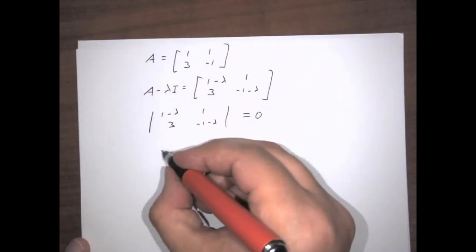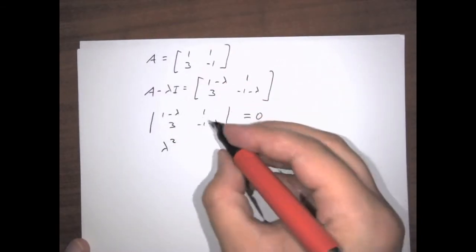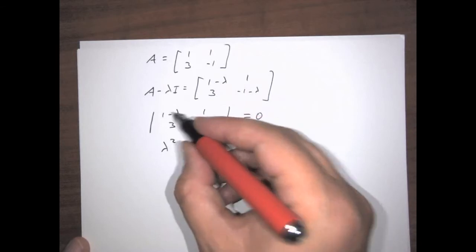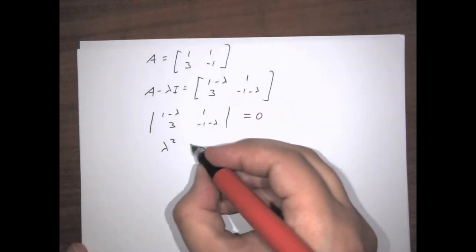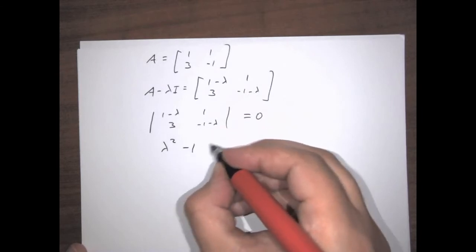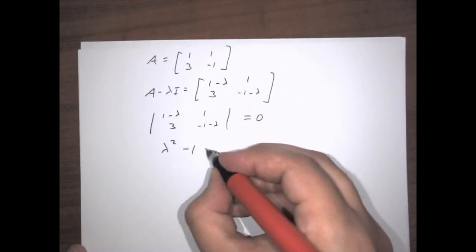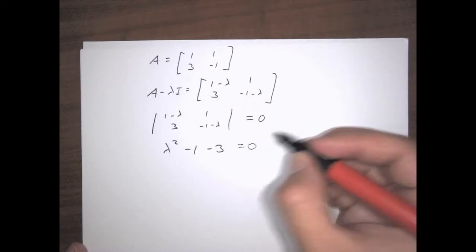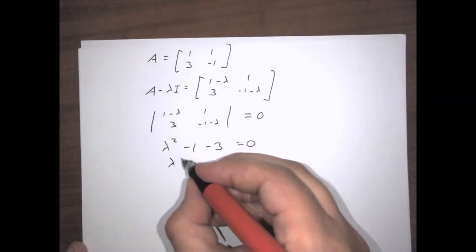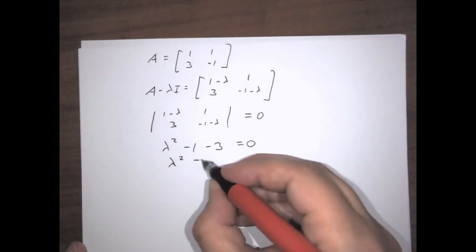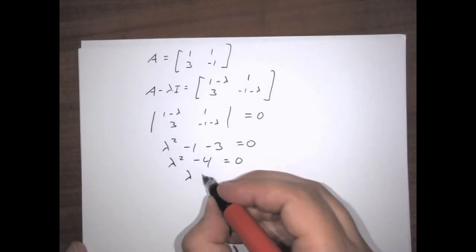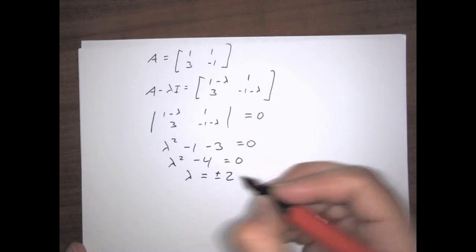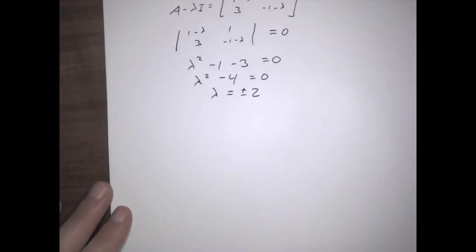It's going to be lambda squared, plus lambda minus lambda, so nothing, and then minus 1, and then minus 3 equals 0, which means lambda squared minus 4 equals 0, which means that lambda equals plus or minus 2, which gives us one positive, one negative.